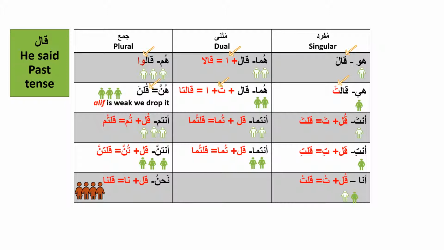So again, for هو and هما, dual, two males, and هم, هي, and هما, up to here, is the same way as we conjugate past tense. When we start with هن, here we start making some changes. Here we drop ألف because ألف is weak.